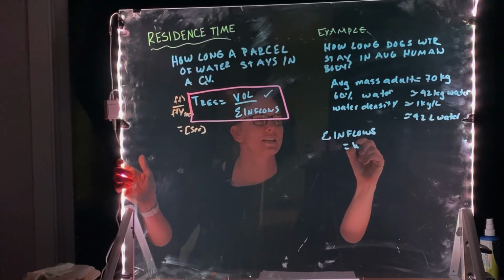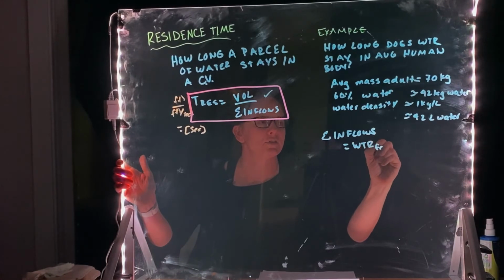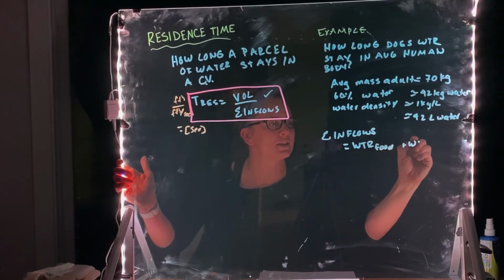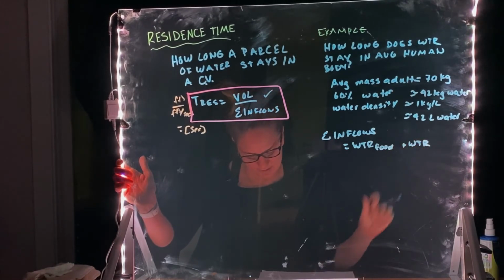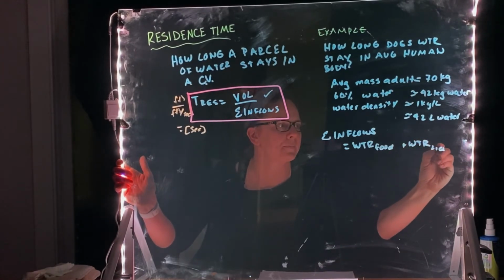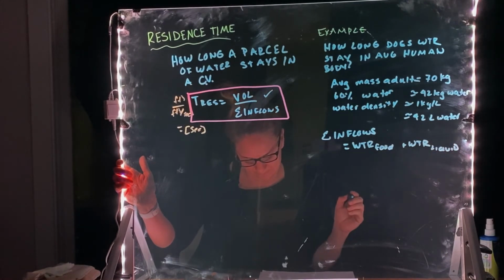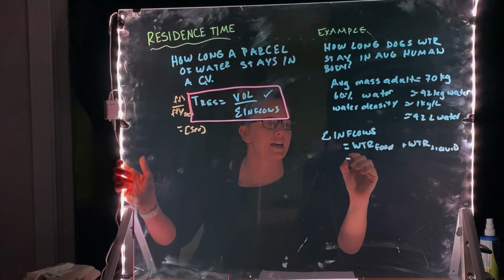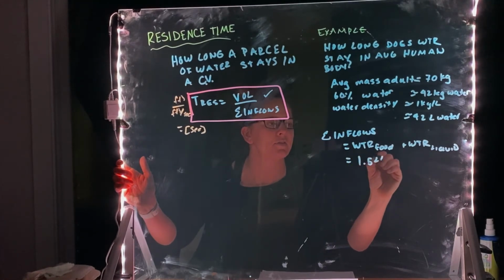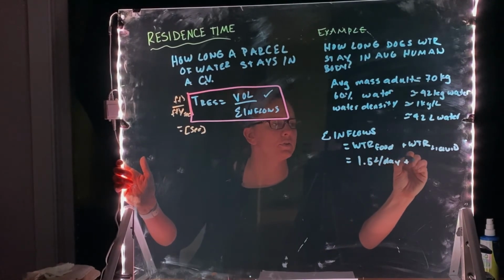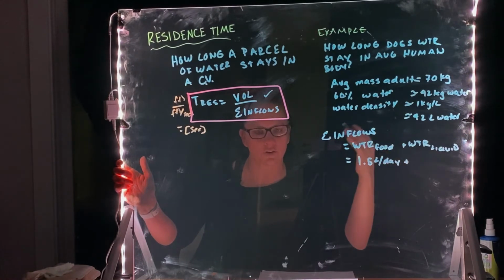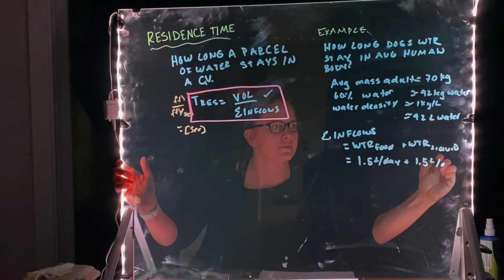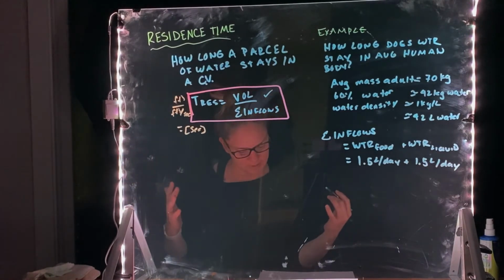So the ways that most adult humans take in water are from two sources: food and liquid beverage, right? So as an approximation, let's just say that the sum of the water from all of our food together is 1.5 liters per day, and the same for our liquids.